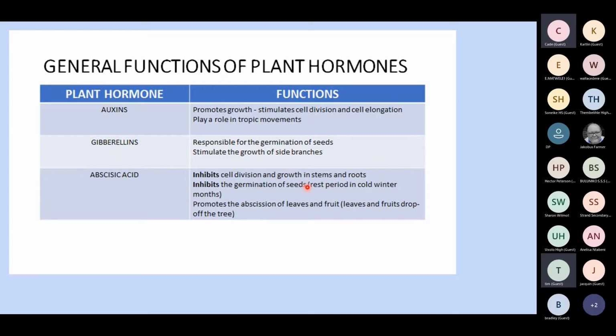They will either stimulate or they will inhibit. But abscisic acid also promotes the abscission of leaves and fruit.